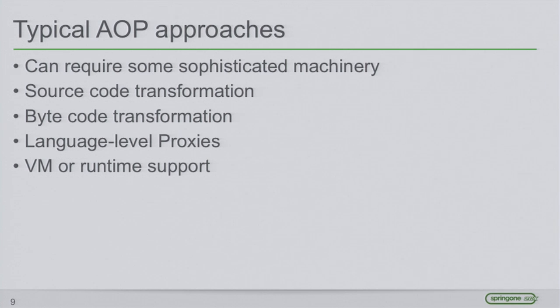And if you know anything about the history of AspectJ, you'll know that originally this is how AspectJ worked. But now AspectJ works via bytecode transformation. So it can take compiled Java bytecode and weave in new bytecode into that to modify the behavior.